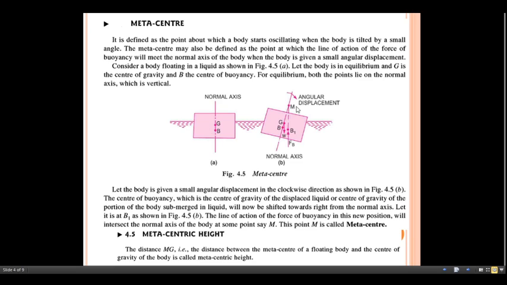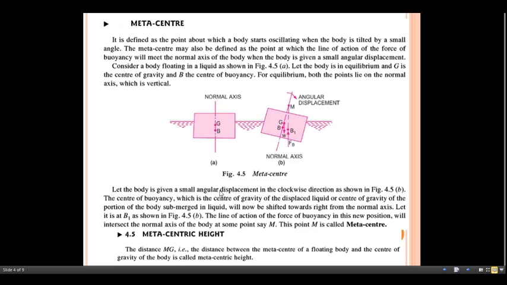Now consider the body floating in a liquid as shown in this figure. Let the body be in equilibrium, G is the center of gravity and B indicates the center of buoyancy. For equilibrium, both the points lie on the normal axis, which is vertical.